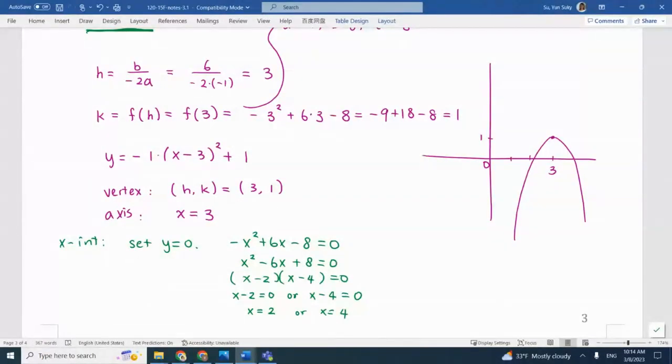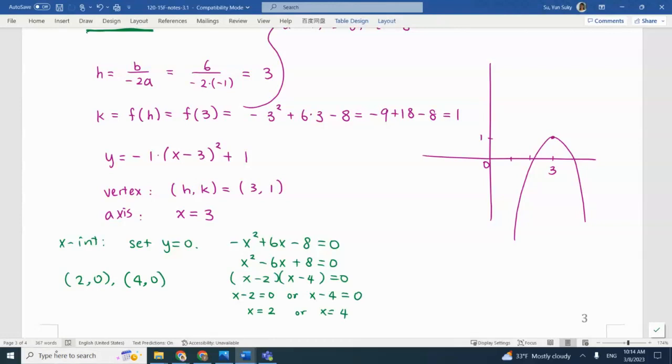So x-intercept or y-intercept, they are points. X equals 2 is an equation, a vertical line, okay? So when you answer x-intercept or y-intercept, they are points. So they are (2, 0) and (4, 0).